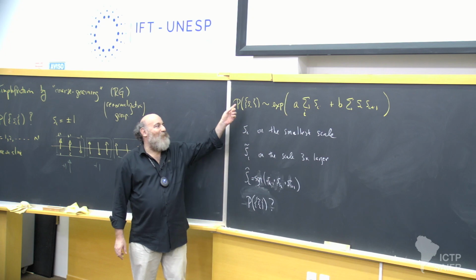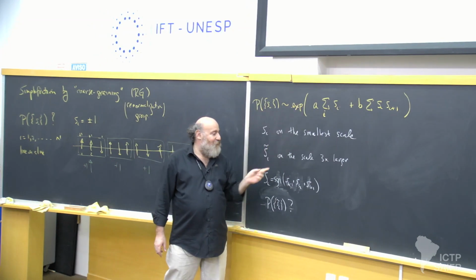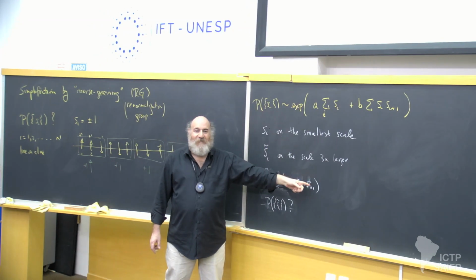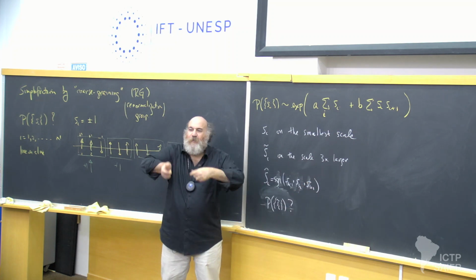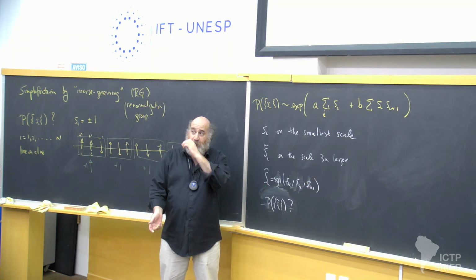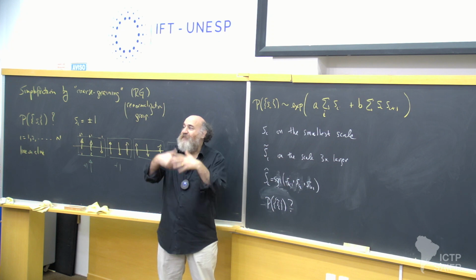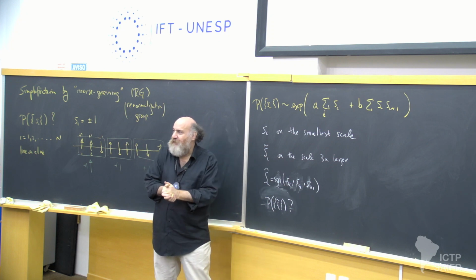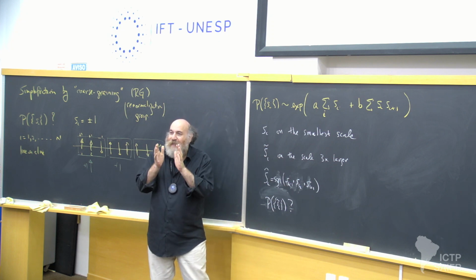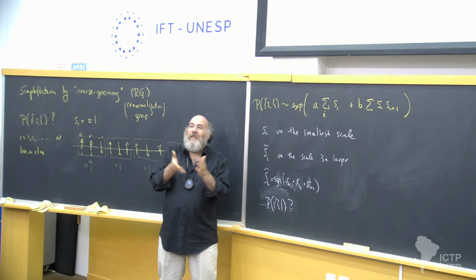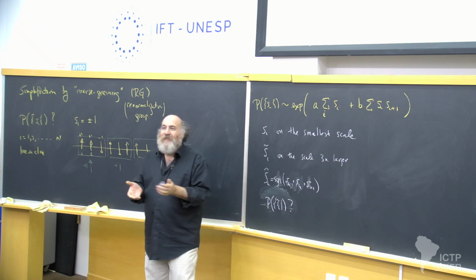Because I gave you the probability distribution for the S's, and the S tildes are related to the S's. So if I do all the algebra, I should be able to figure out what the probability distribution is. Okay? And I invite you to do the algebra. It's not that hard. But actually, an important part of this problem is that without doing the algebra, you can get the form of the answer.